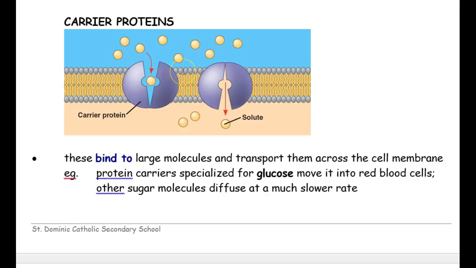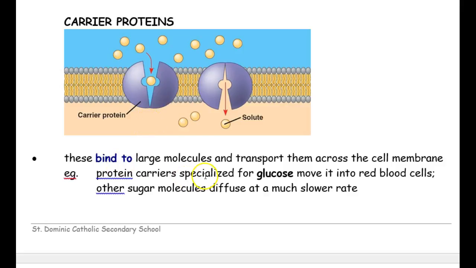To me, they're almost like an elevator, or a gateway of sorts. There's a stop point. They bind to the molecules, and that helps them get through, kind of like an elevator.